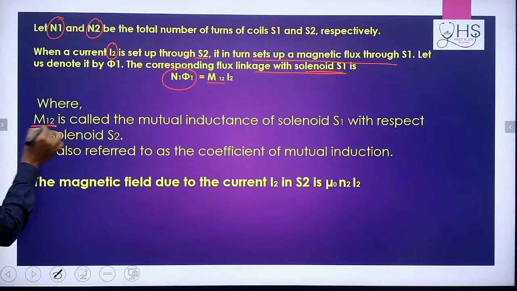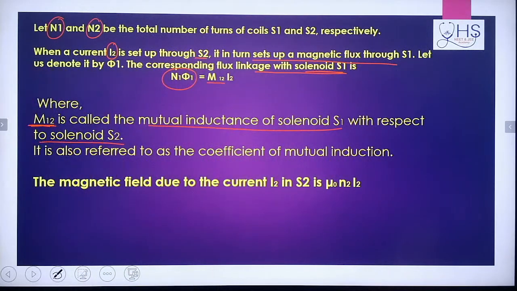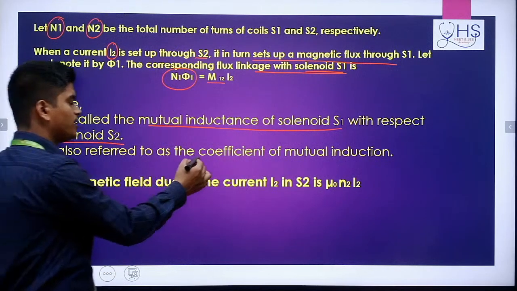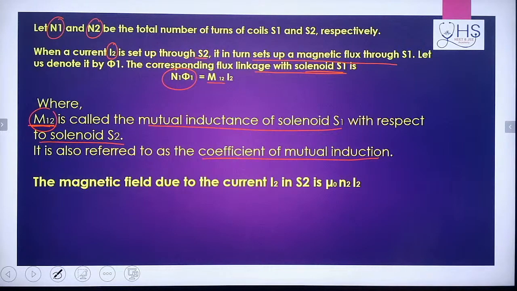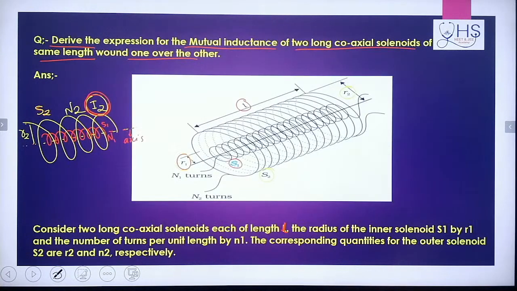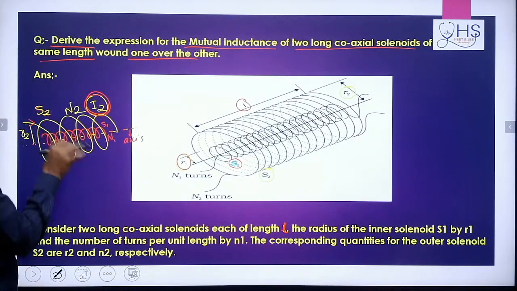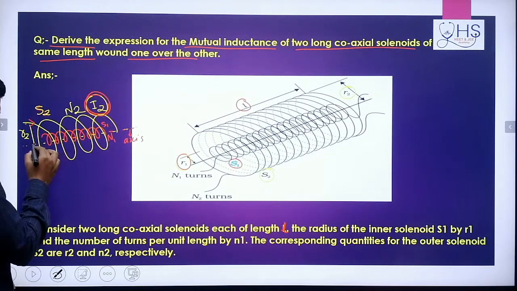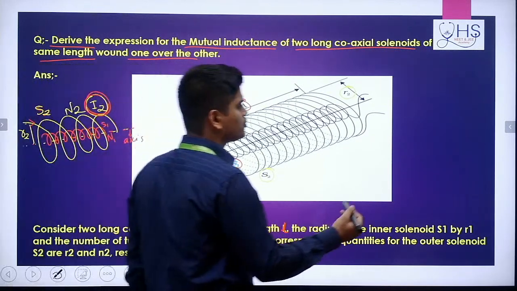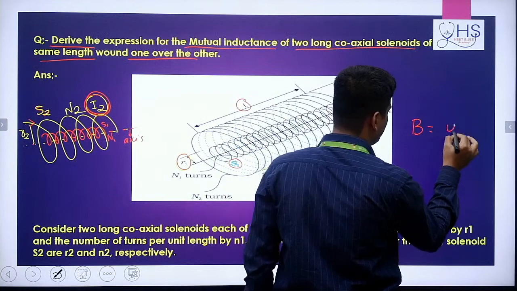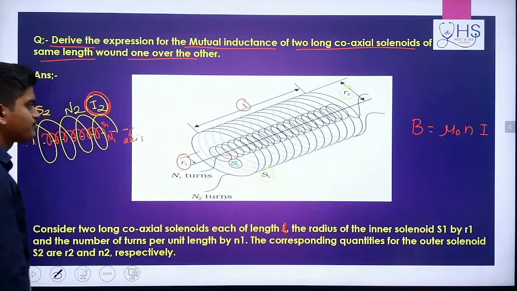So now here what is M12? Mutual inductance of solenoid S1 with respect to solenoid S2, or due to solenoid S2. And you know it is also referred to as the coefficient of mutual induction, M12. Now what is the magnetic field due to a solenoid? Suppose in the yellow color solenoid current I2 is going, then what is the magnetic field along the axis? Already in the previous classes you studied, the magnetic field for a solenoid is basically mu naught n I, where n is the number of turns per unit length.